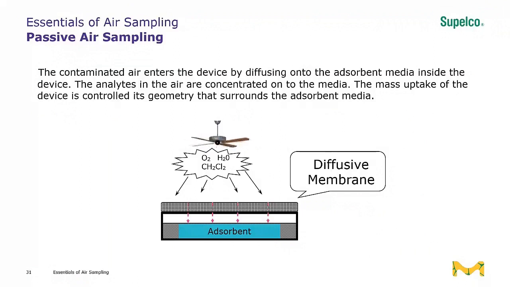And then after sampling, passive sampling devices are measured in the laboratory the same as active sampling. The only thing that is different is how you collect the air sample.